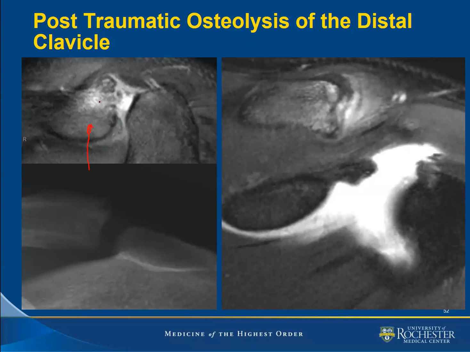So this is something to be aware of on your axial slices through the acromioclavicular joint. Look for asymmetric bone marrow edema, preferentially involving the clavicle, which might help suggest this pathology.